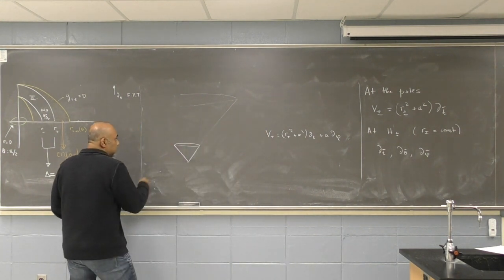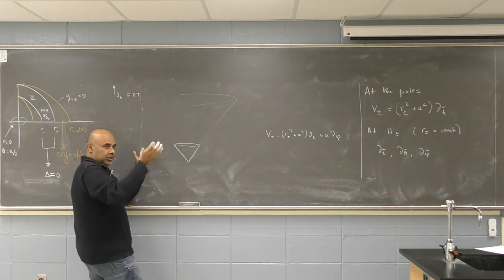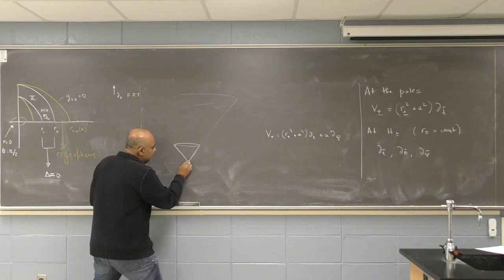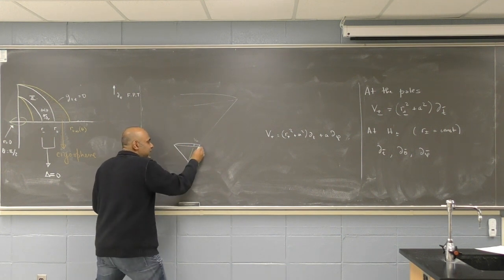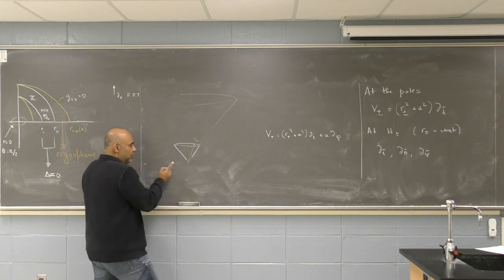So this is a null surface. It's the cone. But it has a phi component, so to clarify that, it is clear that V plus looks like this. It has a phi component. I'm just saying it has a phi component. This is also V plus. It's the V plus to a point slightly over here. That's all.